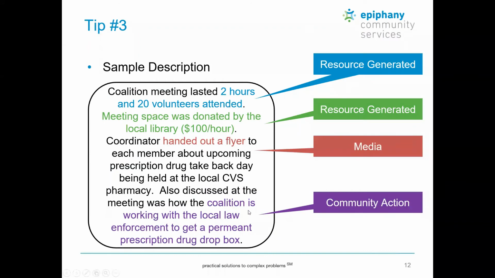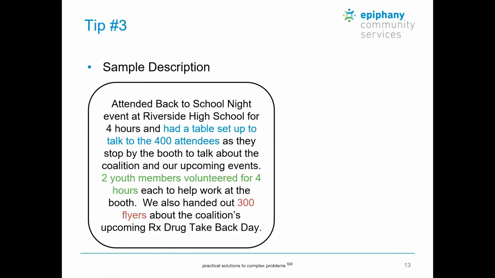We're going to walk through a couple more of these just to show you how it works and how it looks. The next example we have is that the coalition attended the Back to School Night event at Riverside High School. We attended the event that lasted 4 hours.